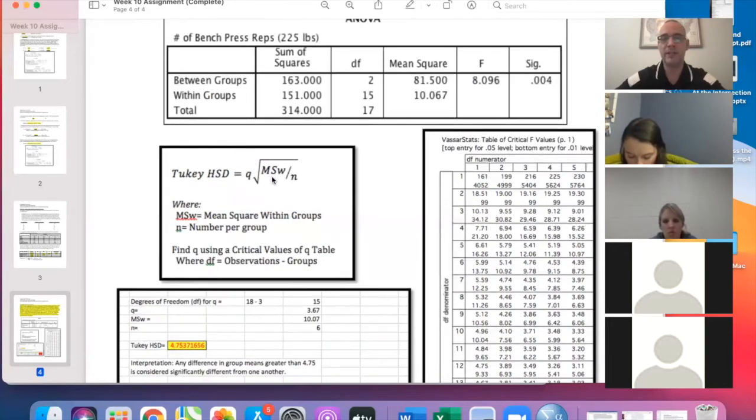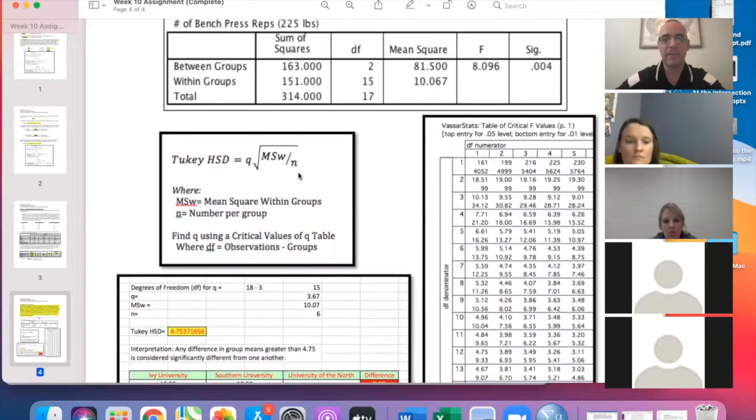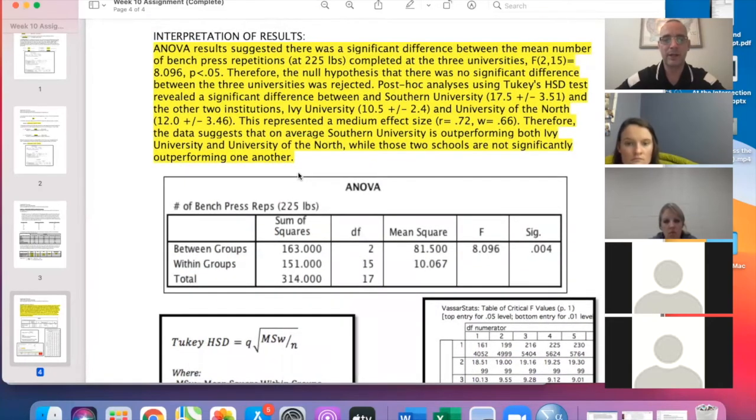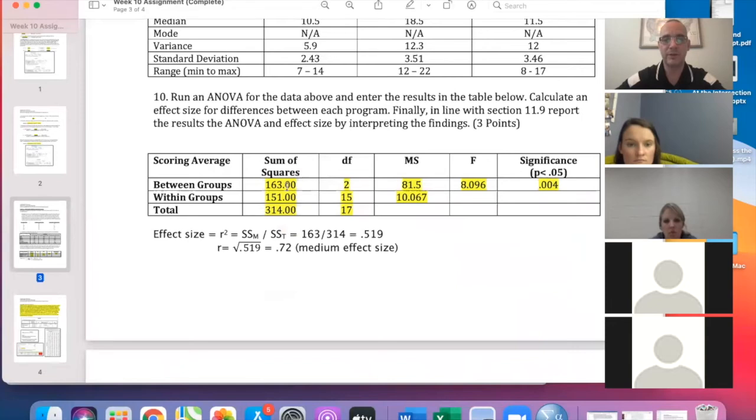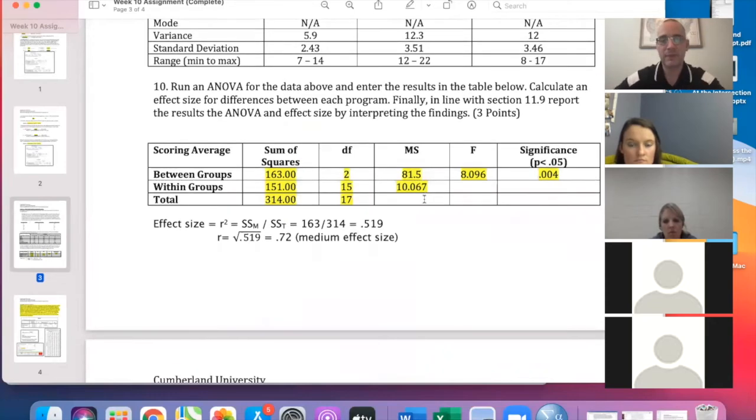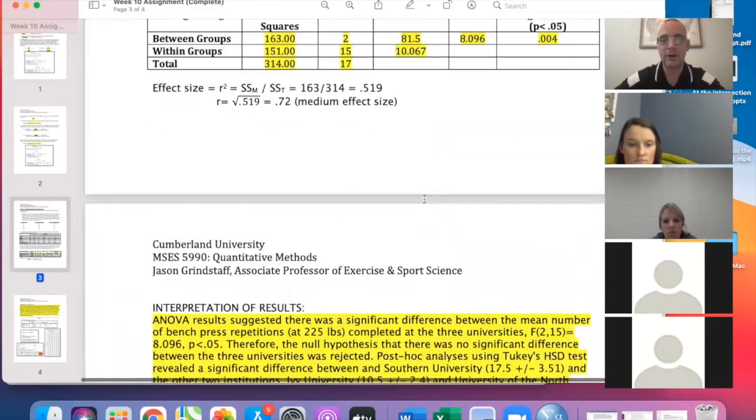It's our mean square within divided by the number. So back up here, when we get our output, our mean square within 10.067 divided by our number.